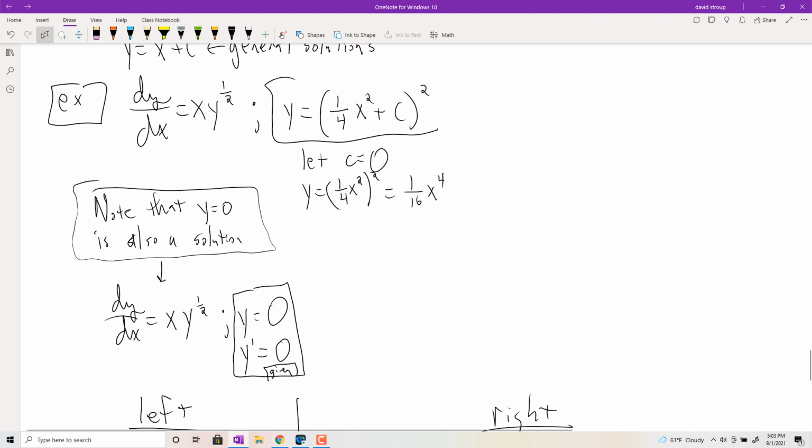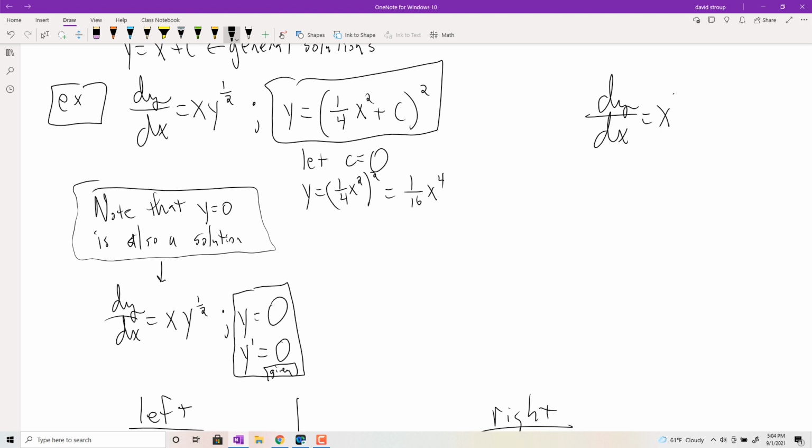Again, you can't get it from here. But I think if you just look at the differential equation, you can kind of guesstimate that is actually one of these singular solutions. Okay. And that'll work in general if you have something like dy over dx equals x cubed times y minus 3.